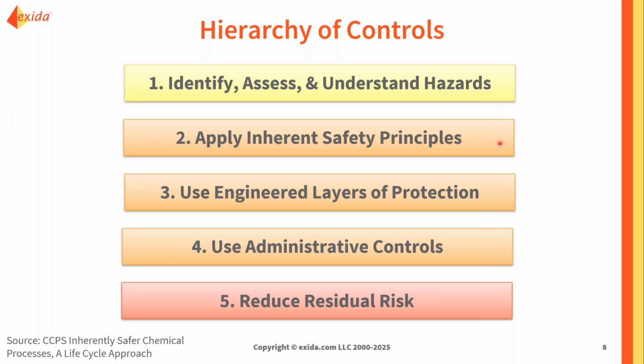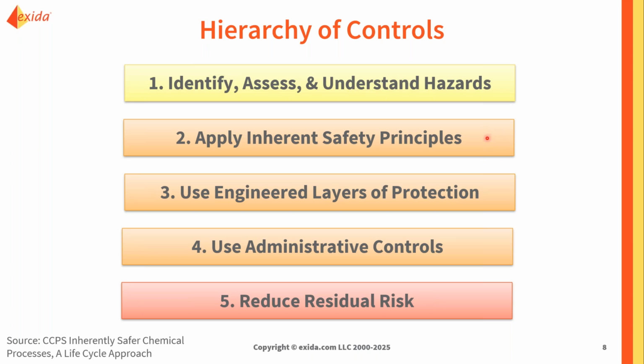These are things like substitution, simplification, moderation, minimization. So what can we do to limit the potential for a hazard, minimizing volumes, using a less reactive or less explosive material? We want to think about everything that we could do to limit that consequence if we did have a release or loss of containment event.